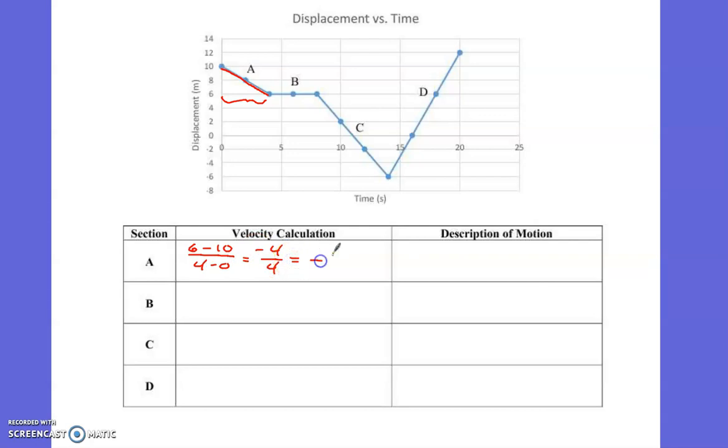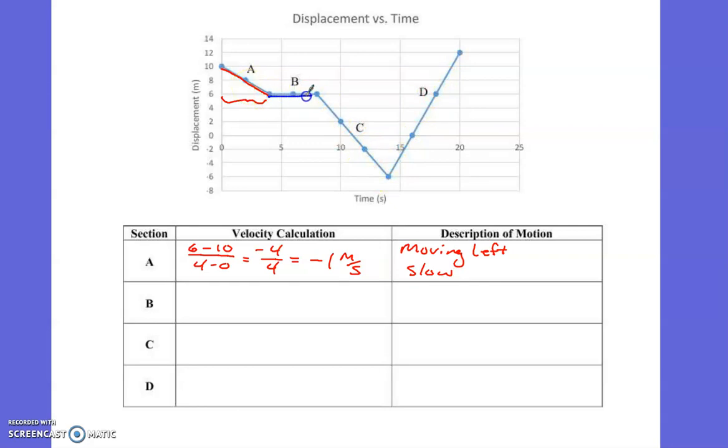That gives us a velocity of -1. And don't forget your units, meters per second. Our description is that it is moving left because the line went down, has a negative slope. And also, it's a relatively slow speed. When looking at the other lines here, the other lines are rather steep compared to that one.